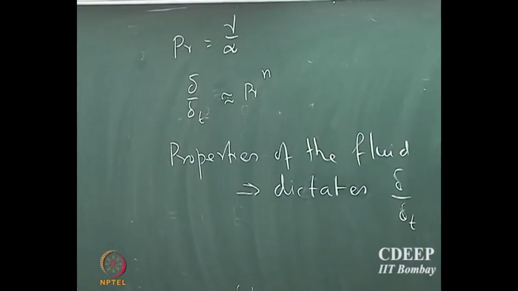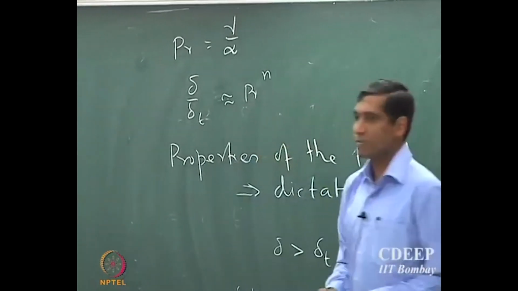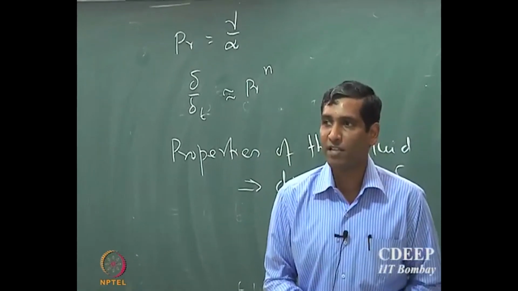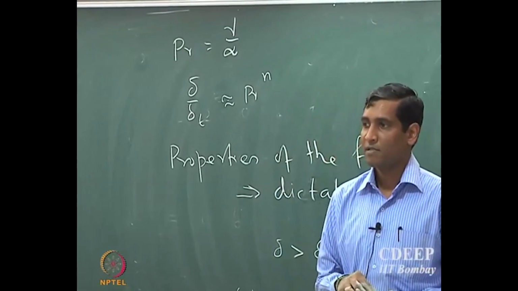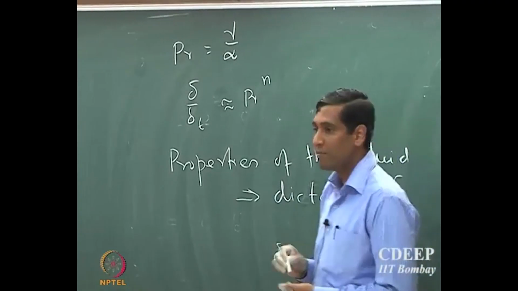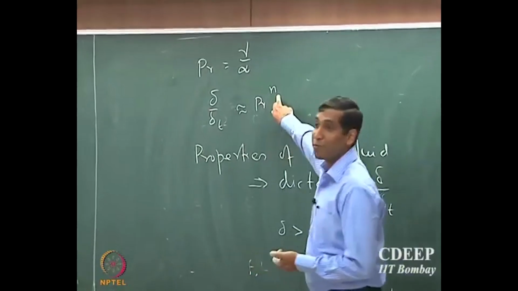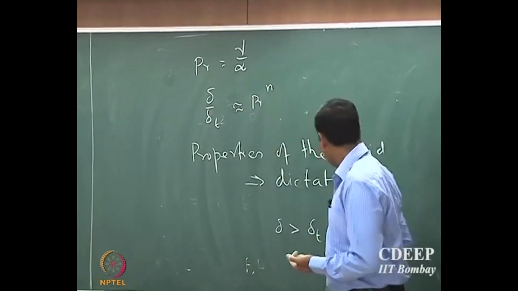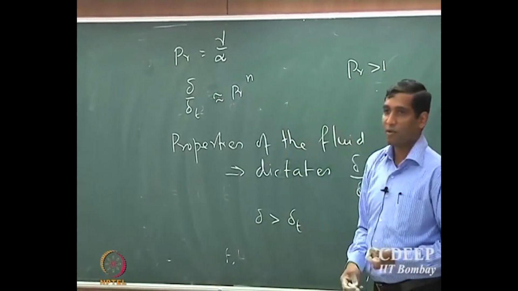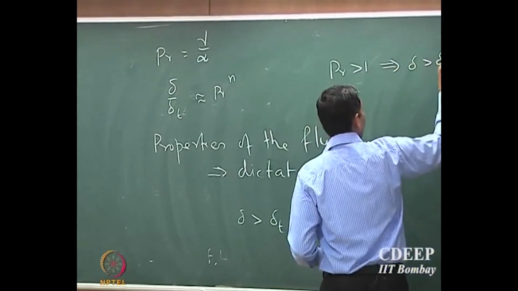So suppose delta is greater than delta t, what will be the nature of the Prandtl number? It will be greater than 1, but remember there is an exponent n, right. So if Prandtl number is greater than 1, you will always see that delta is greater than delta t.